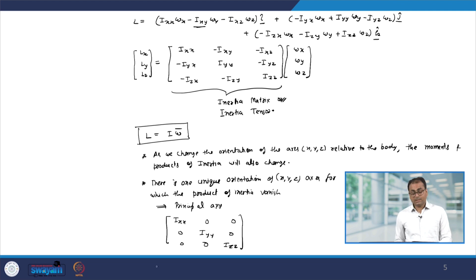Now, if that happens, the total angular momentum L will be Ixx omega x i plus Iyy omega y j plus Izz omega z k.